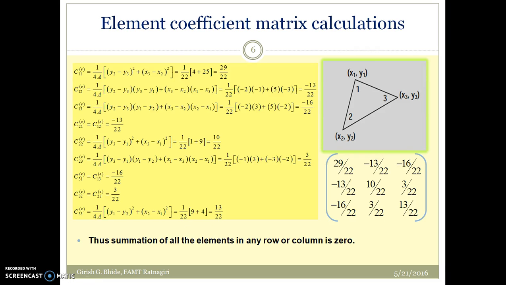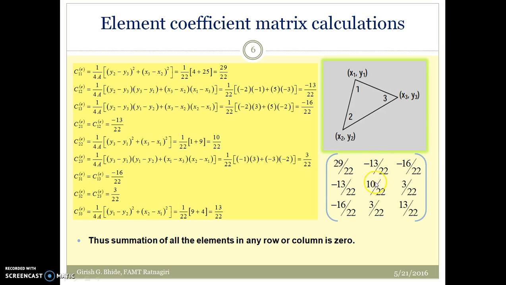This slide shows the calculations for element coefficient matrix. As per the previous slide, I have computed all the 9 terms from that element coefficient matrix, which are shown over here as 29 over 22, minus 13 upon 22, minus 16 upon 22 and so on.